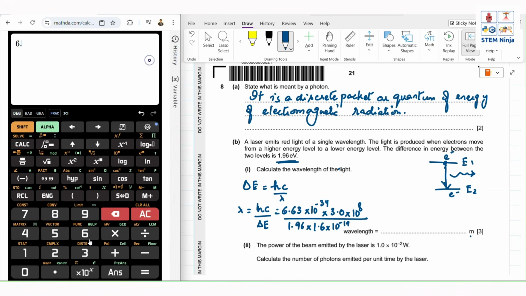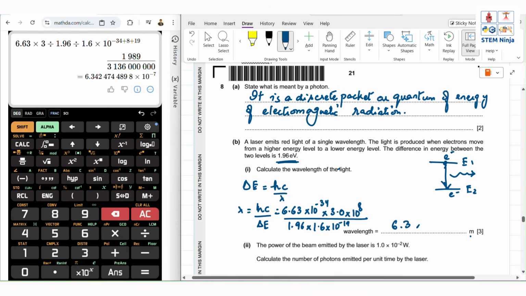So 6.63 times 3 divided by 1.96 divided by 1.6, times 10 raised to power minus 34 plus 8 plus 19. We need this in meters, so we get 6.3 times 10 raised to power minus 7.